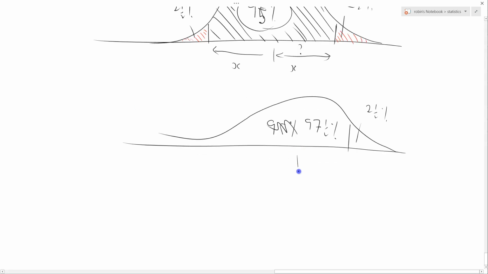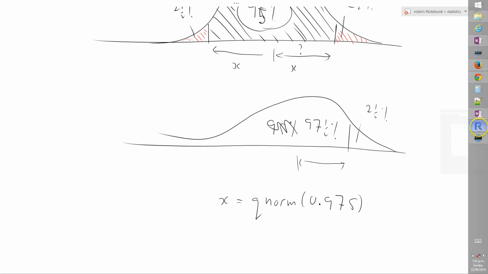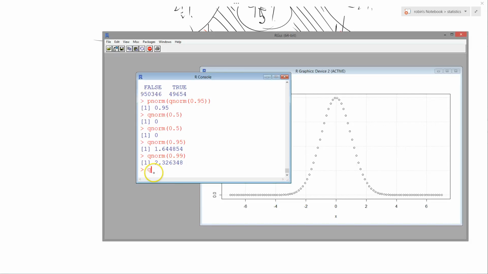So to get this value of x here, we need x equals qnorm of 0.975, because that's 97.5%. So let me just do that. qnorm of 0.975, and that's 1.959964. So you conventionally call that 1.96.